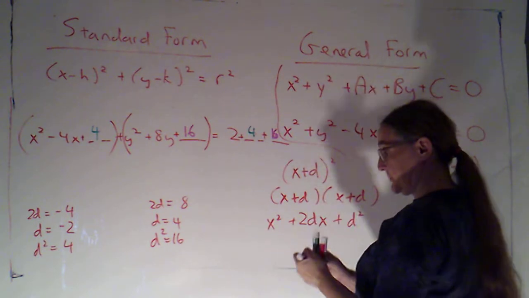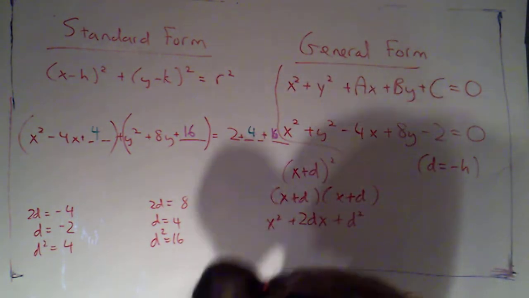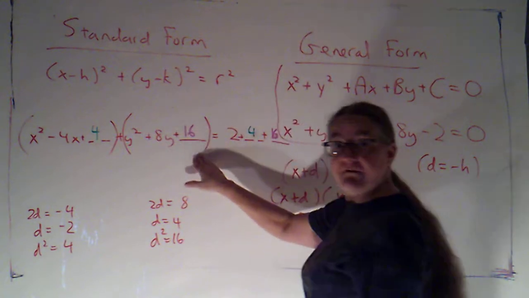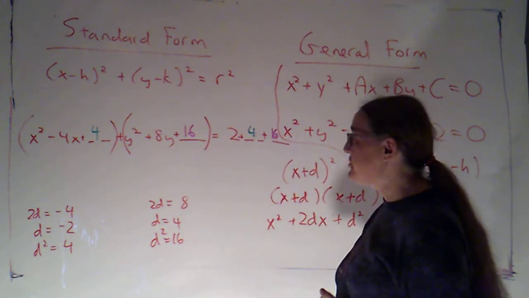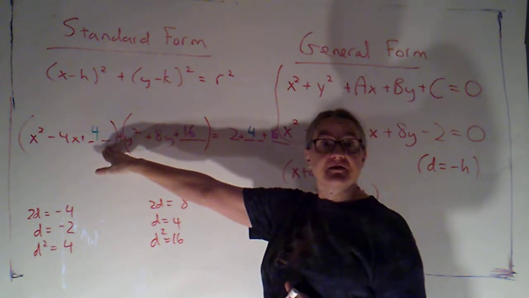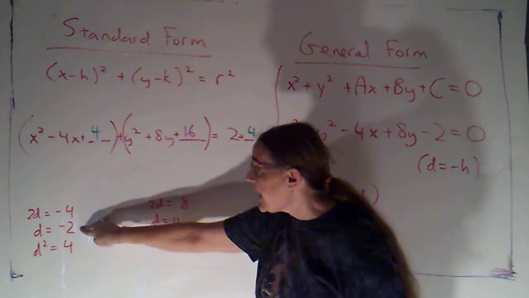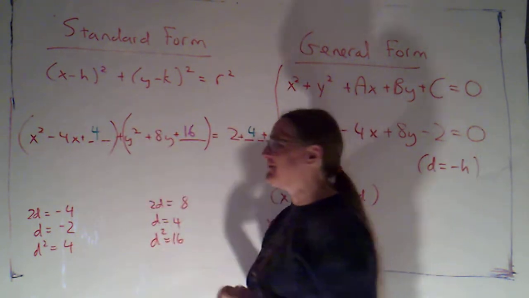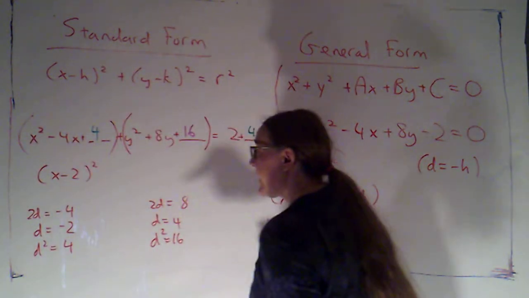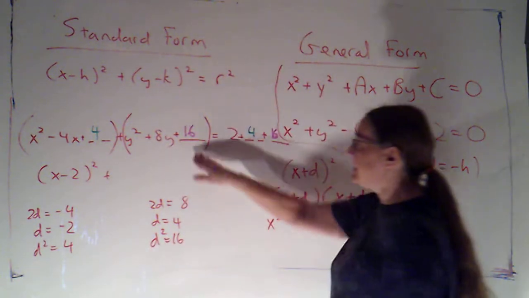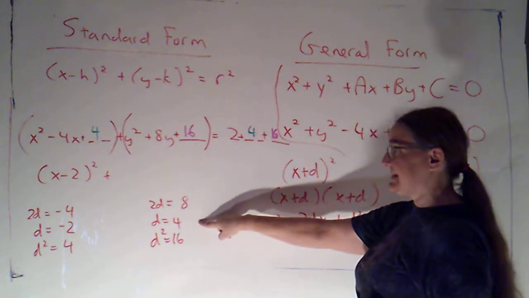like so. And now that we've completed the square, these two things factor. And this should be some of the easiest factoring we ever have to do, because I know this factors as x plus d squared, and I've written down right here that d is negative 2. So this factors as x minus 2 squared, plus this factors as y plus this d squared.